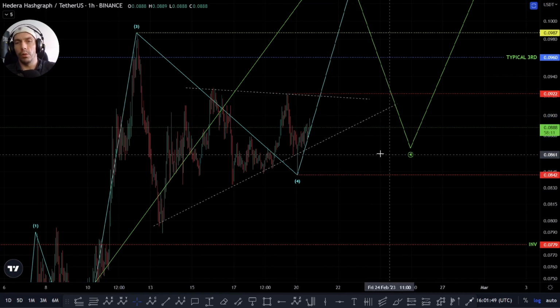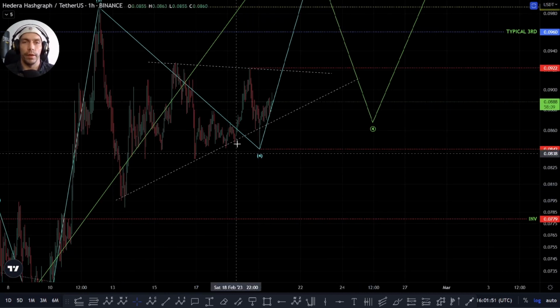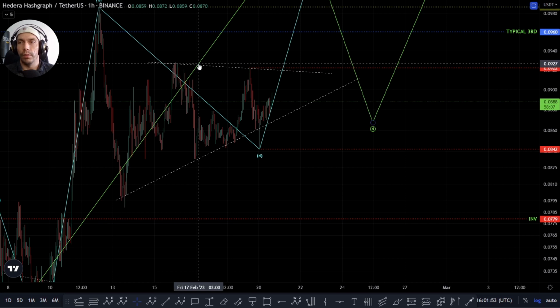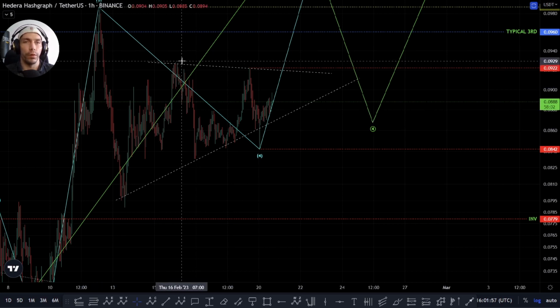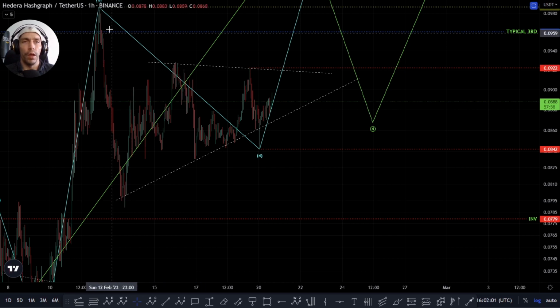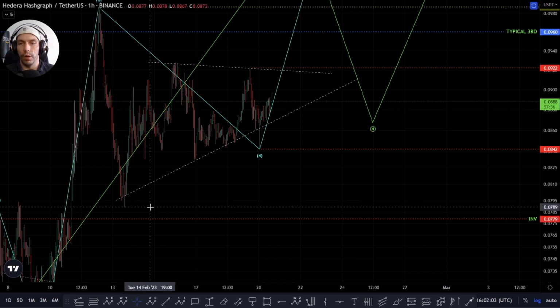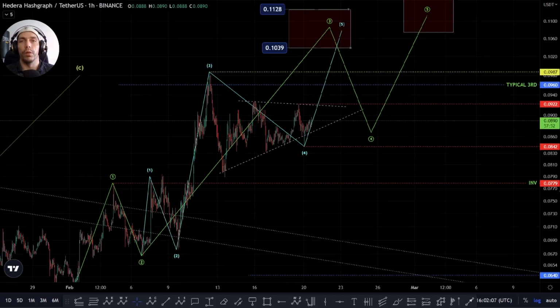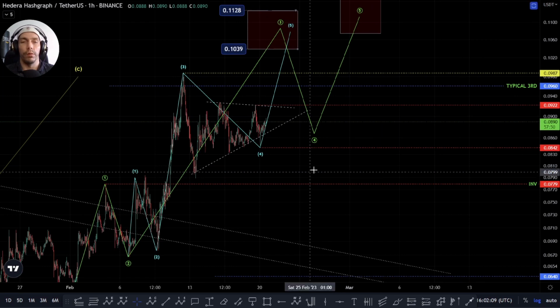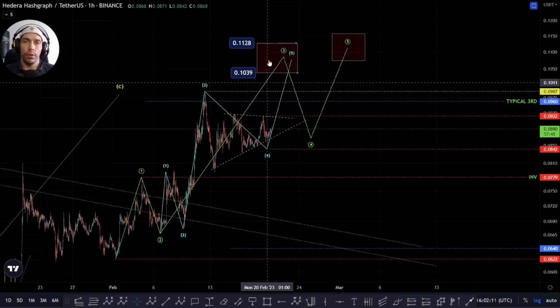If we do manage to hold this triangle and we don't invalidate by crossing back above this, well, if we were looking at the triangle, we'd say it's potentially completed. So crossing this B wave high is not important anymore. But effectively, we wouldn't want to cross below this point, if we're looking for this bullish potential, which would be this 0.8242. Then we'd be looking for additional fourth and fifth.